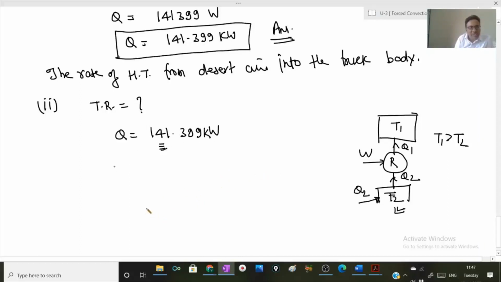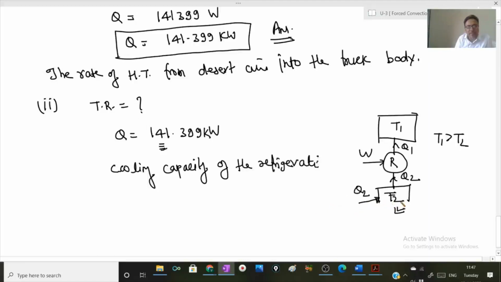So the cooling capacity of the refrigeration plant of the truck, you convert this into tonnage.